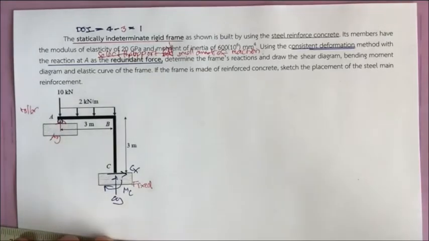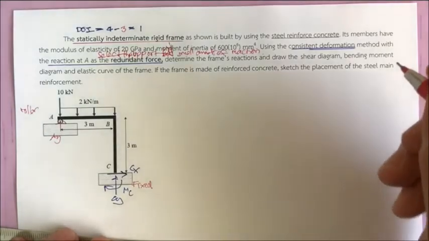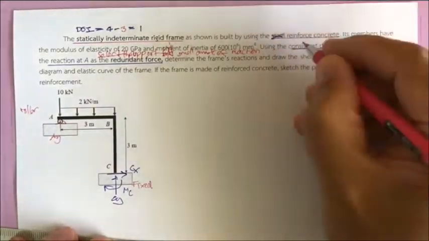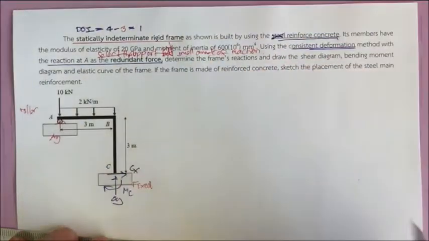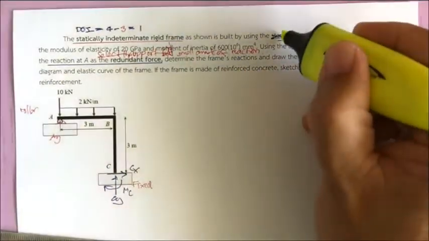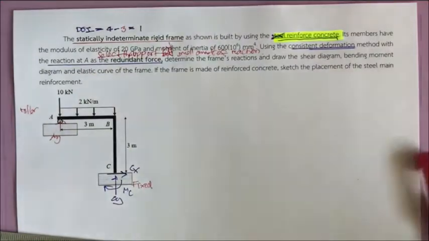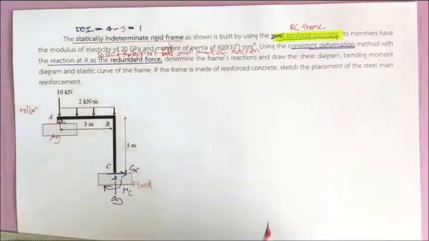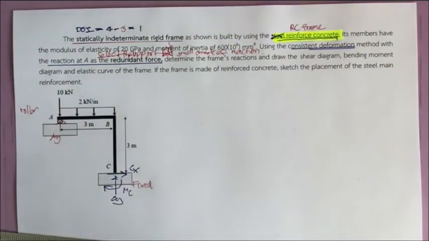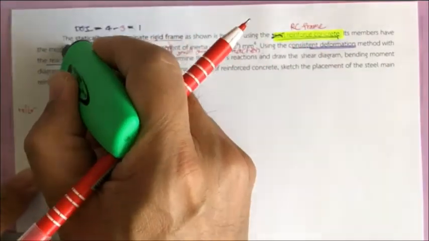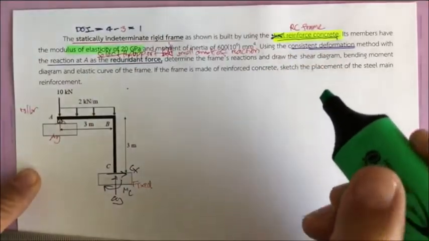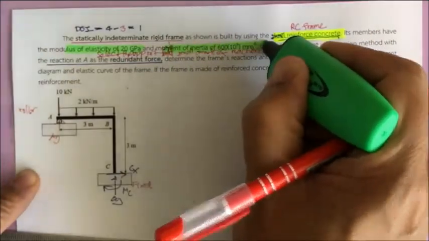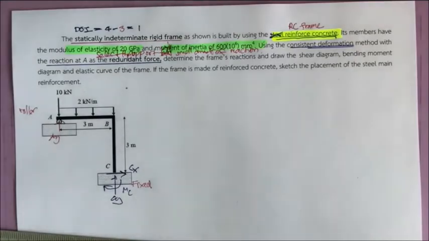Okay, and this beam is, no, it should not be a steel frame. This one is supposed to be steel reinforced concrete. Okay, this is steel reinforced concrete, so it is going to be an RC frame. And it has a modulus of elasticity of 20 gigapascal and a moment of inertia of 6 times 10 to the power of 6.